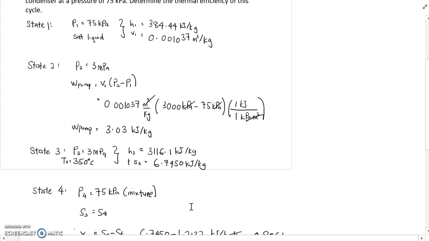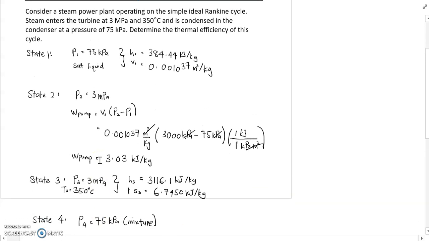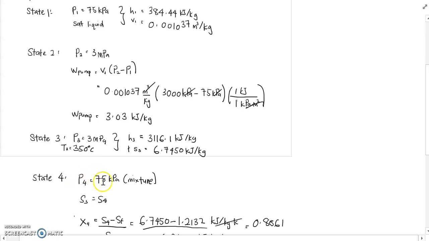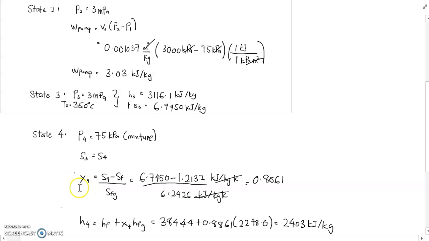Next, state 4. At state 4, your pressure is 75 kPa, and you will be at the saturated liquid-vapor mixture. But keep in mind that your S3 is equal to S4, and you need to calculate the quality because it is a mixture. So you need to find SF and SFG from steam table A5 at 75 kPa.